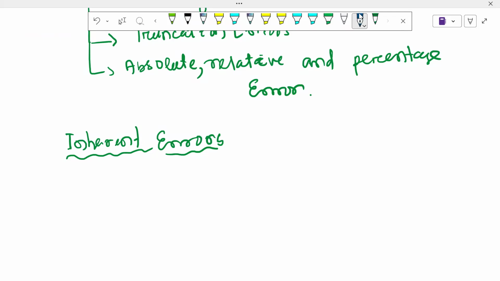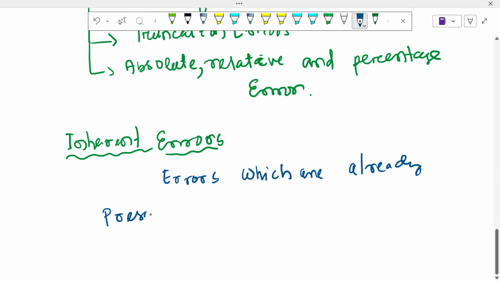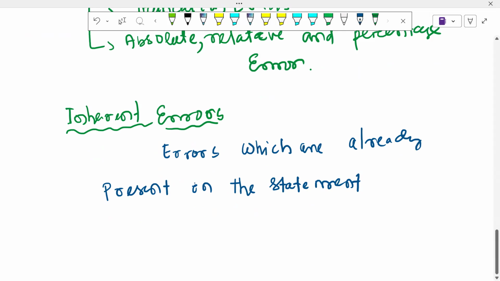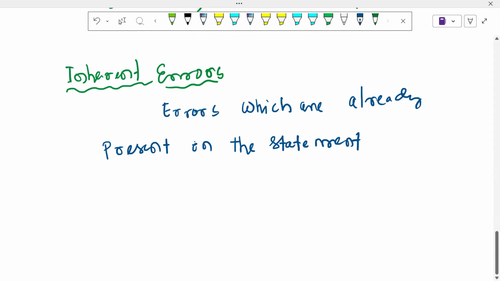That type of error is called an inherent error.